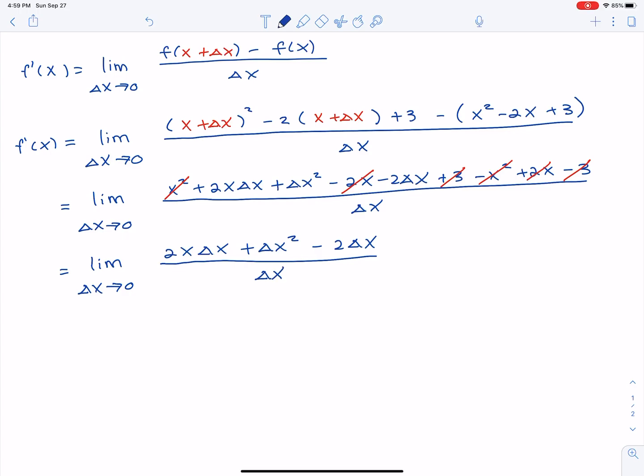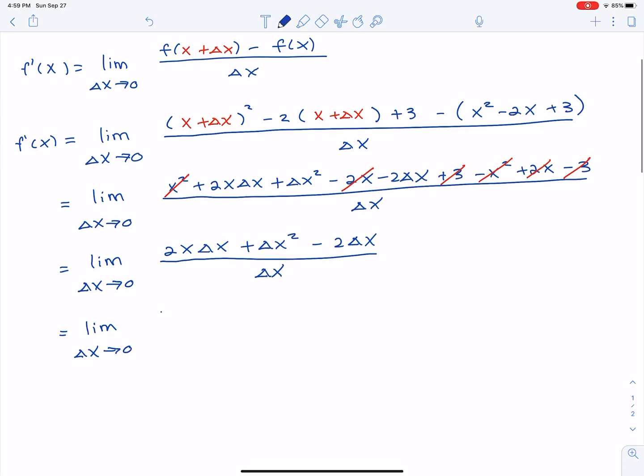Okay, let's factor out a delta x from both top and bottom. So we get the limit as delta x approaches 0, and again, I'm factoring out something from top and bottom. So I'm going to get that 2x. The delta x in the first term cancels out. This one, I just get a delta x and then a minus 2.